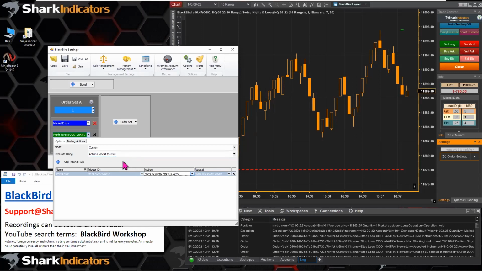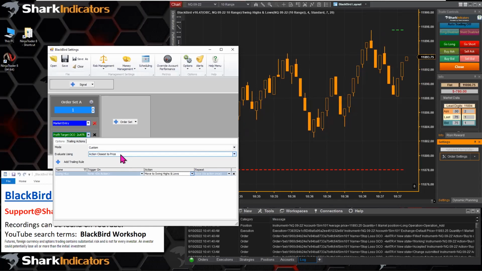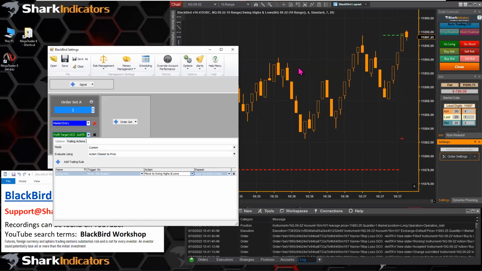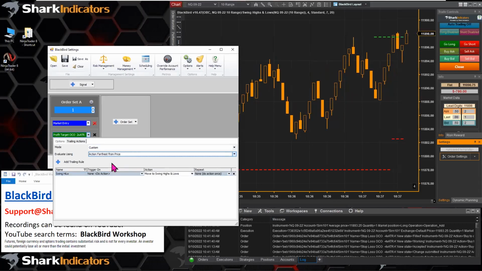Right. Now, if you wanted to pick the furthest profit target, so if you wanted to pick between a 4 ATR and the swing high, and whichever one was furthest away, then we could have changed the evaluate to furthest from price.